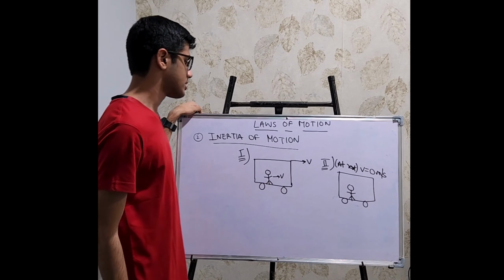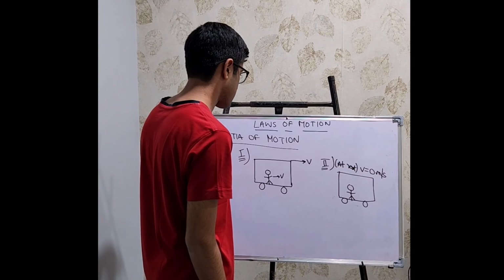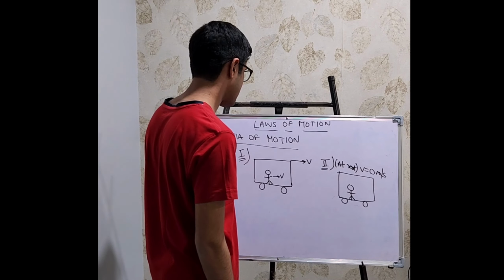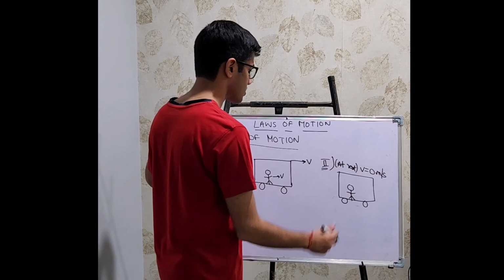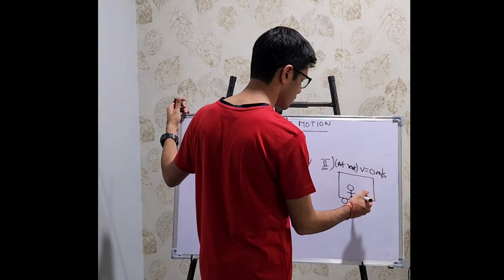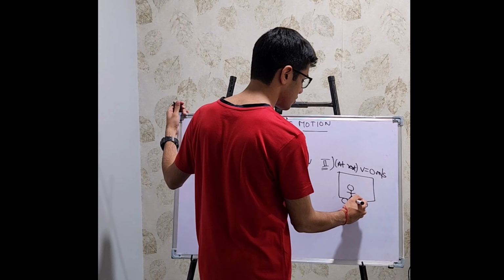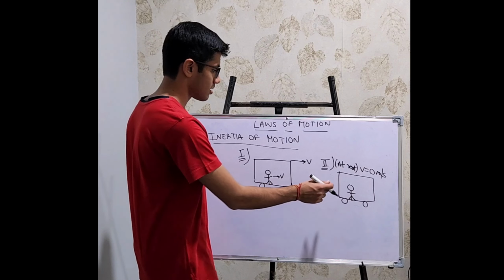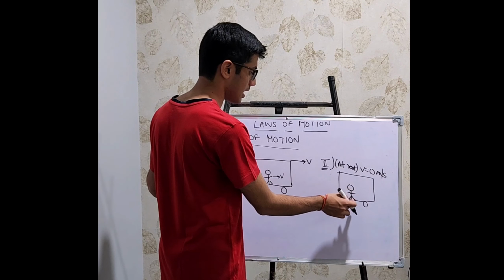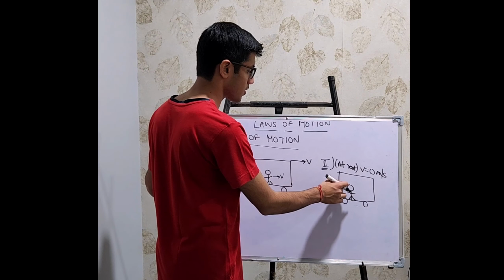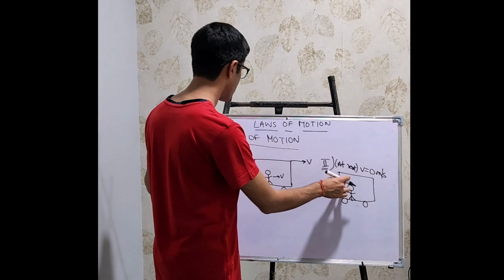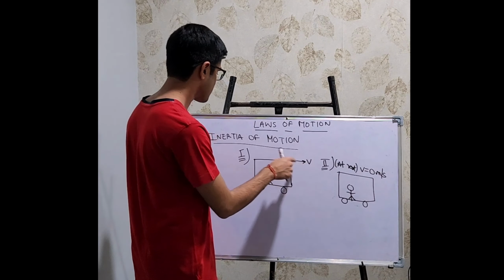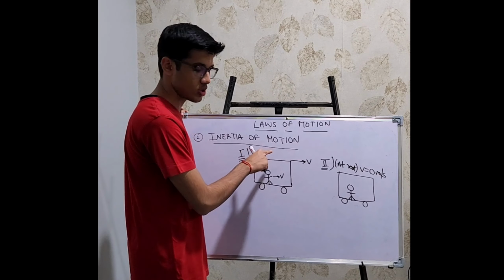So what will happen is that we experience a jerk forward. Now why does that happen? It's because since the bus is not moving, the legs attached to it are also not moving, but the upper part of our body is independent of the legs. That means the upper part of the body wants to continue to move with that velocity v. That means it wants to obey the inertia of motion.